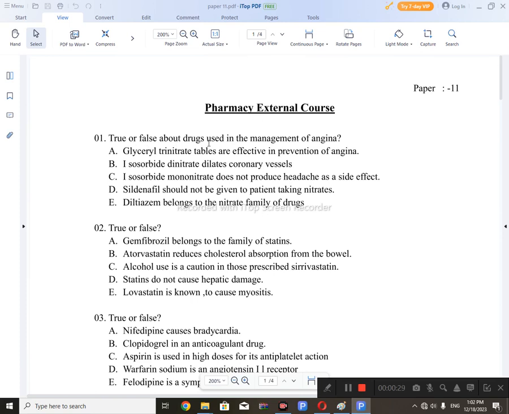True or false about drugs used in management of angina? Glyceryl trinitrate tablets are effective in prevention of angina. True. Isosorbide dinitrate dilates coronary vessels. True. Isosorbide mononitrate does not produce headache as a side effect.